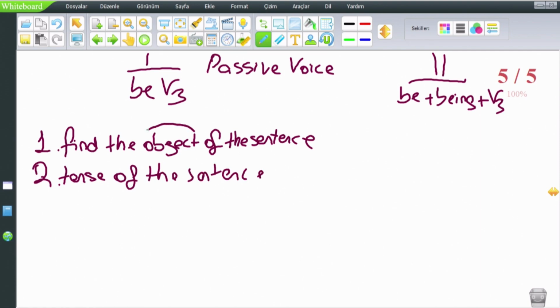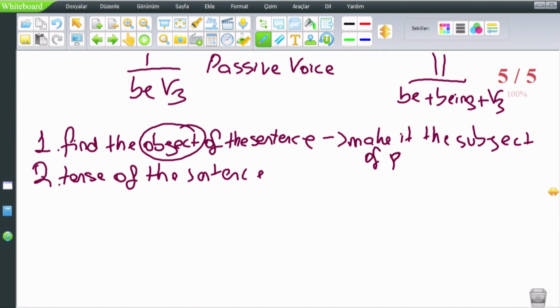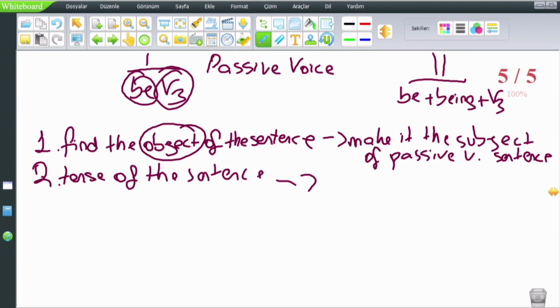We find objects to make it the subject of passive voice sentence. And we find tense because we are going to use be verb 3 as our verb, and we have to be clear about which tense we are using, so we are going to form be depending on it.